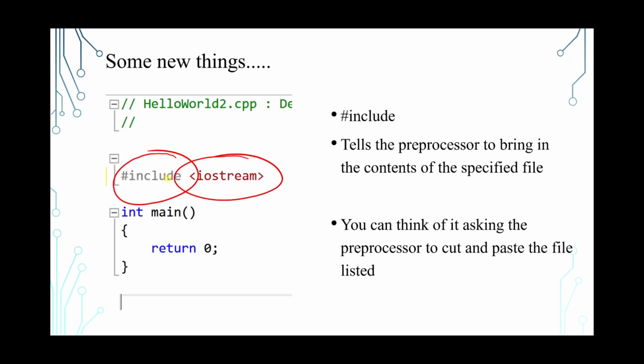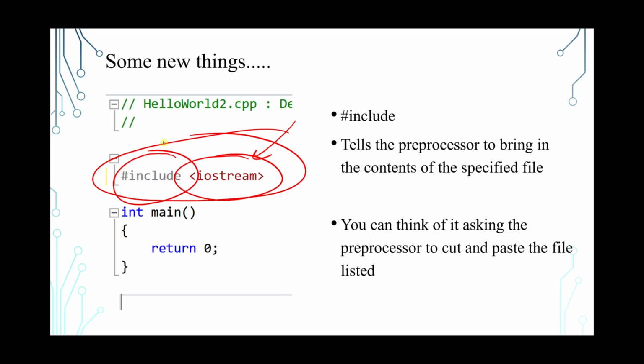You can think of it as going to the base libraries of C++, looking for iostream, getting that file, copying what's inside and pasting it in place of the #include iostream. You can think of it like this.